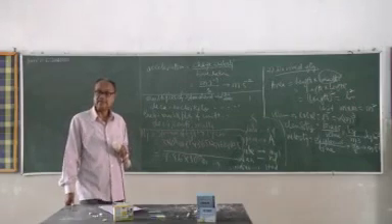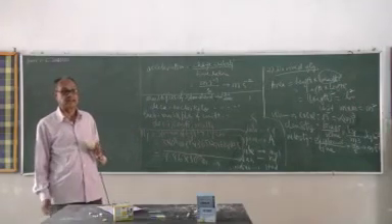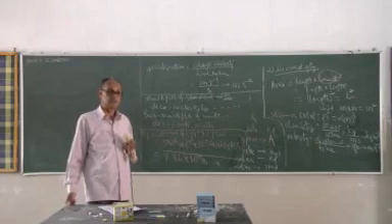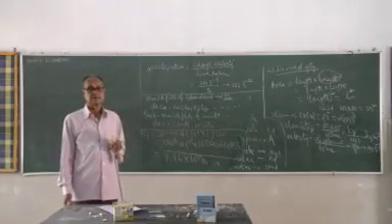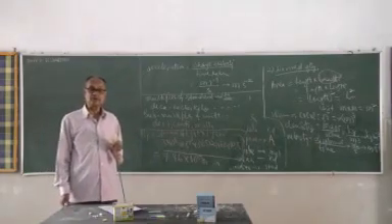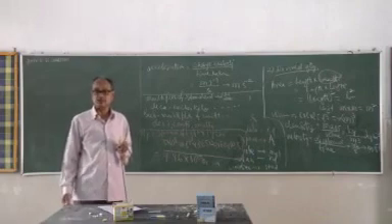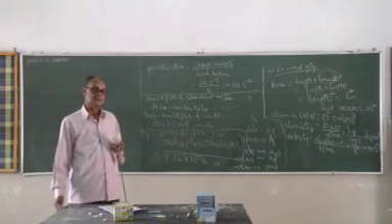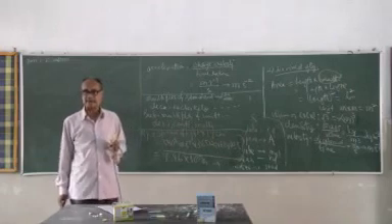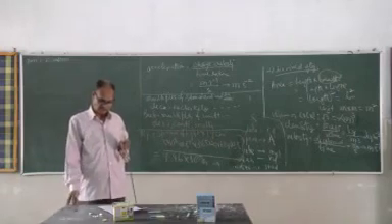So light year is not a unit of time, it is a unit of distance. Astronomical unit is also a measure of distance. So is parsec, as parallactic second is also a measure of distance.